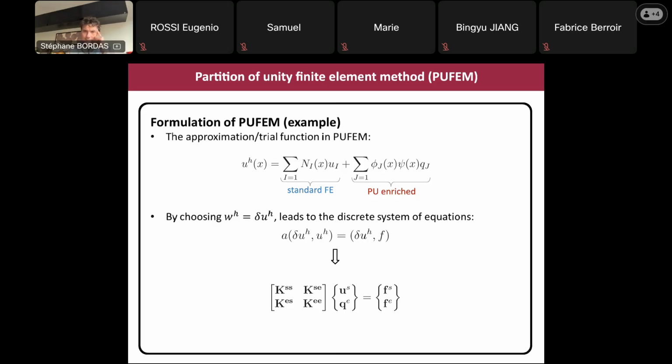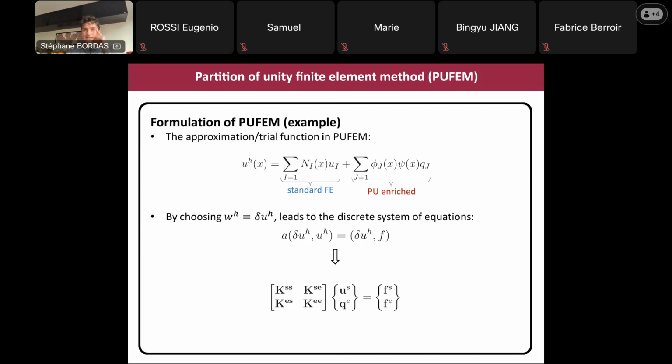Psi can be discontinuous, have a discontinuous derivative, be a singular solution, cosine wave, sine wave, Bessel's function, whatever you like. You can just put it there and it will be exactly reproduced.